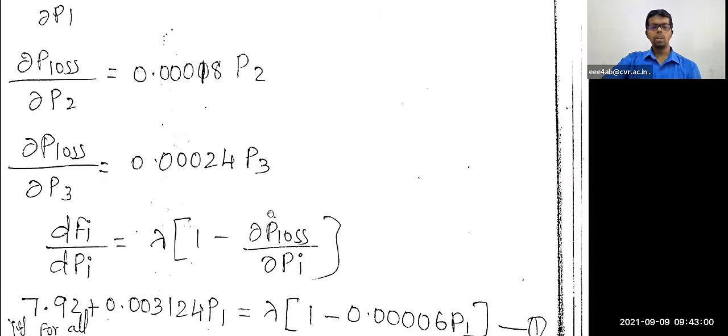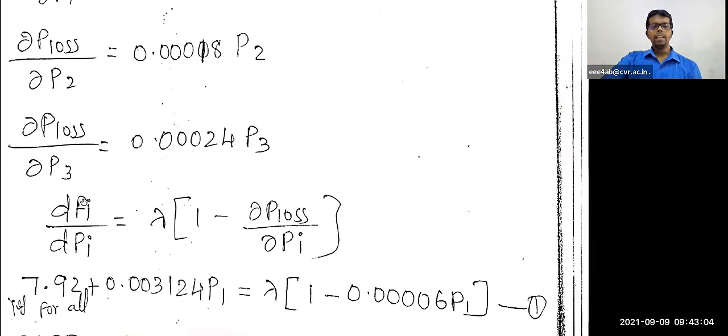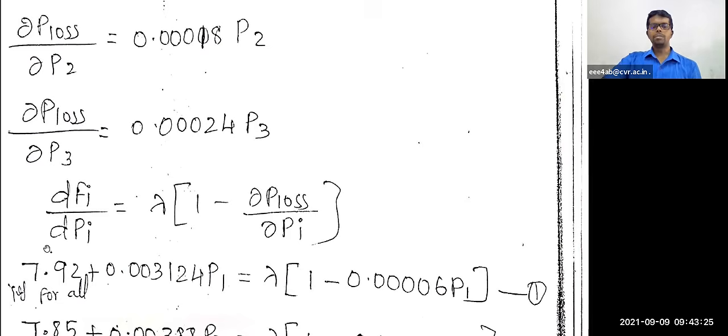This we already found out, and this also we already found. So i means three generating units, 1, 2, 3, and for three units the equation will come. Substituting whatever we had differentiated with respect to P1, P2, P3, I am taking it as equation number 1.